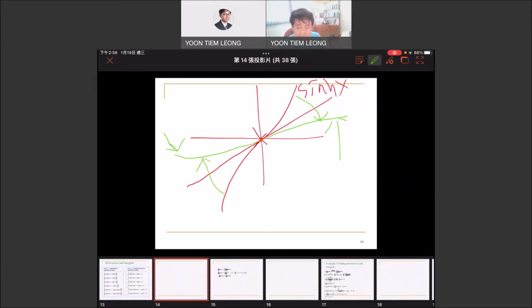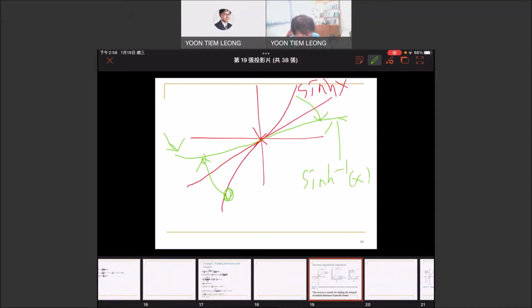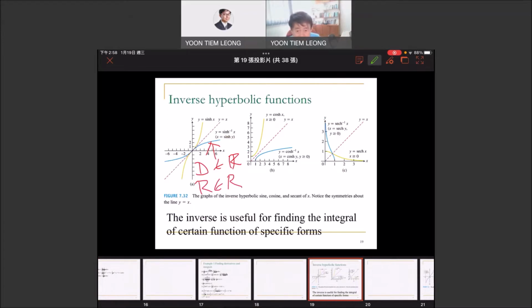So reflect this graph, you get this graph. That would be the graph of the inverse hyperbolic sine, which is what the green and blue lines are trying to show.